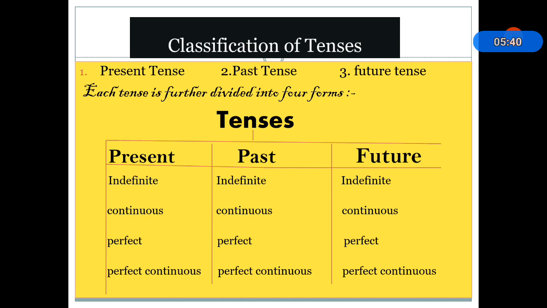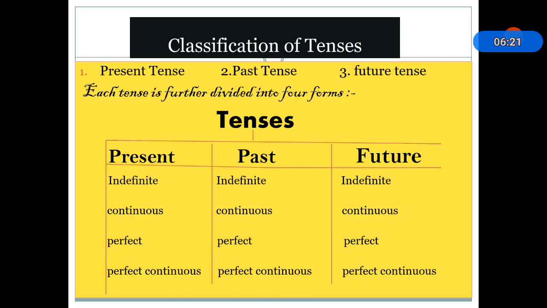That is, we can say present indefinite tense, present continuous tense, present perfect tense and present perfect continuous tense. In the same way, past indefinite, past continuous, past perfect and past perfect continuous. And the same is with future. There are again four forms of future, that is future indefinite, future continuous, future perfect and future perfect continuous.